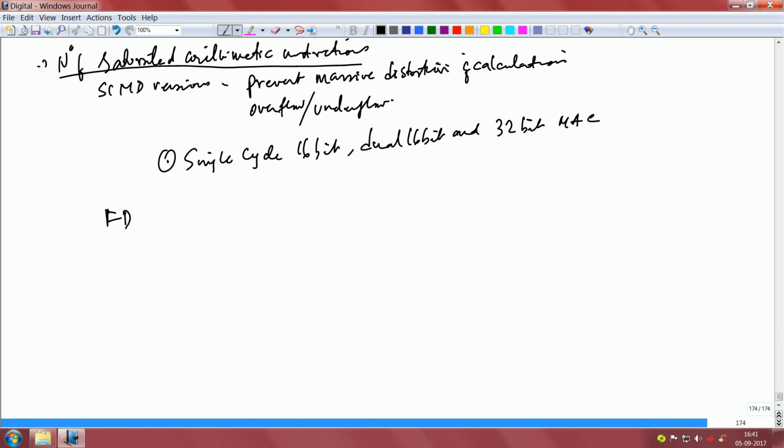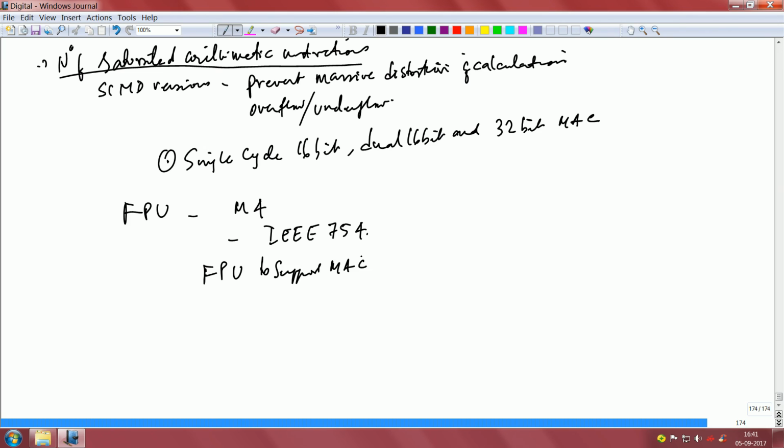What about FPU? Floating point unit. If you take the case of Cortex M4, it is compliant to the IEEE 754 standard, single precision, half precision, all that is supported, and the FPU supports MAC, right.